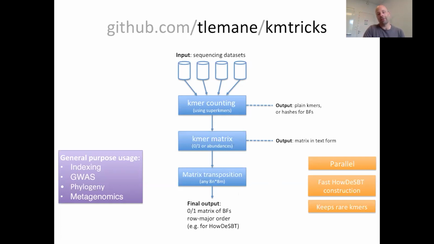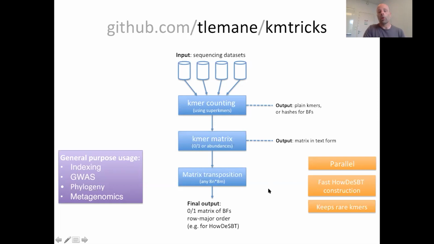And we really think that this kmtricks tool has general purpose usages like the indexation as we saw here today, but also if you want to do some genome-wide association studies, phylogeny studies, also metagenomics if you want to compare large batches of datasets, and so on.